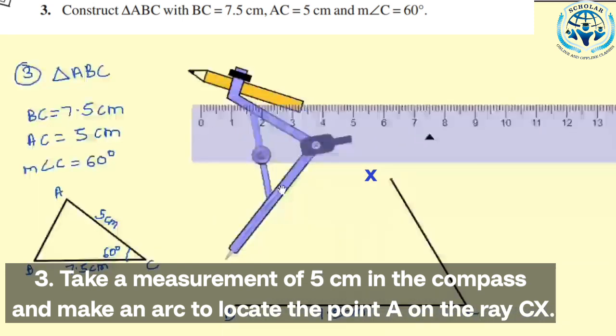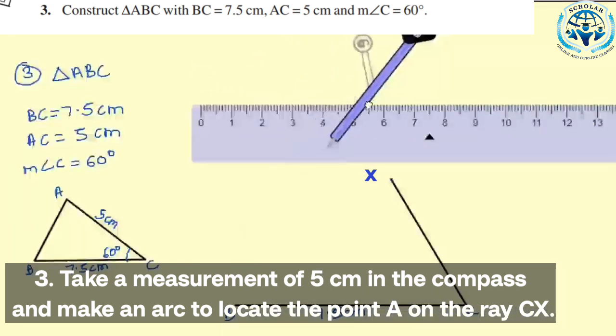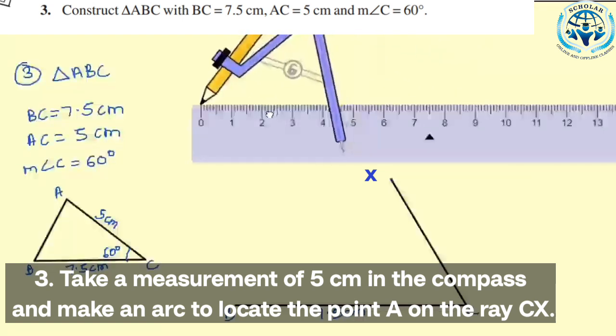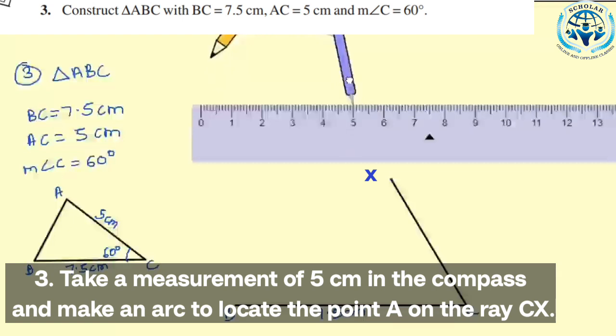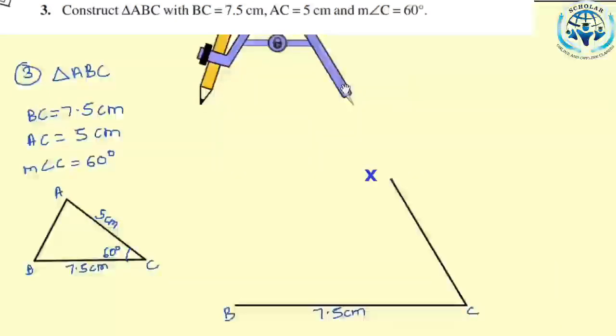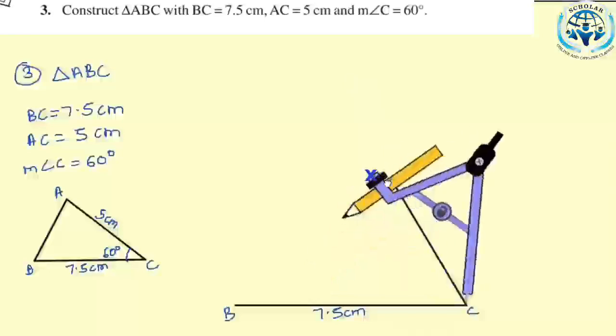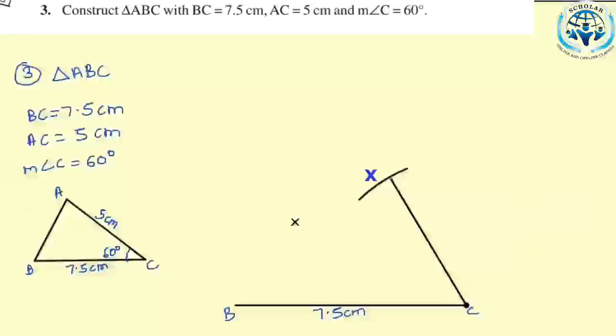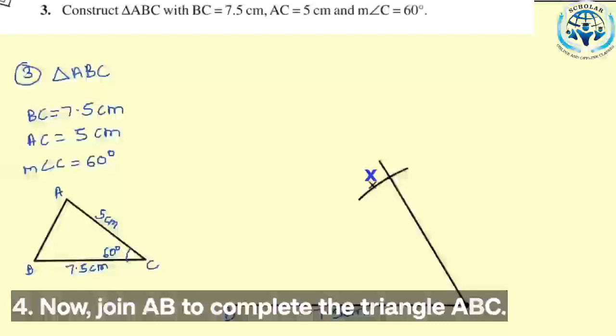Now A is a part of both the lines AB and AC. So the point of intersection here is point A. This is the point of intersection, which is A. We will extend the line and find the point.